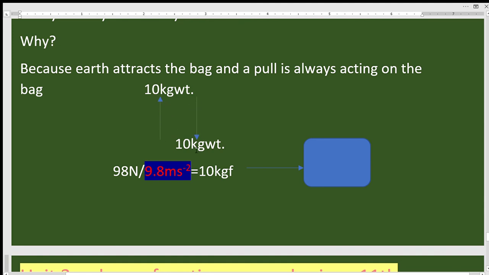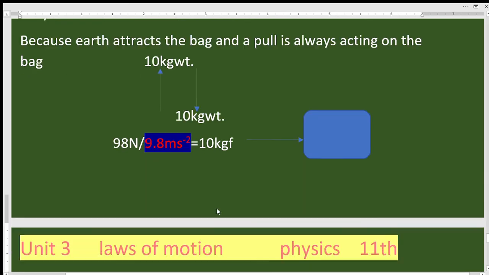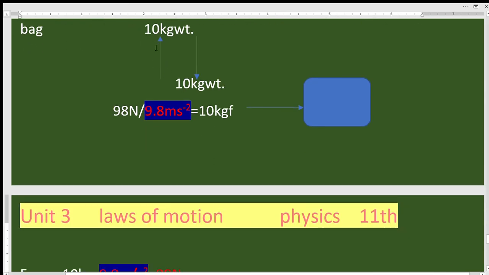You cancel that force with force from your body, from your arm, your muscles. So you feel tiredness or some pain in your arm because the muscles are doing some work.